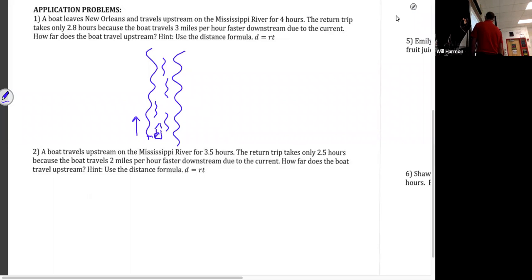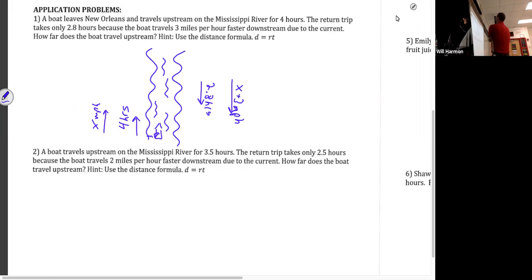This boat is going upstream for 4 hours. The return trip only takes 2.8 hours. Because the boat travels 3 miles per hour faster downstream than upstream, so upstream it's traveling at x miles per hour, and downstream it's traveling at x plus 3 miles per hour.